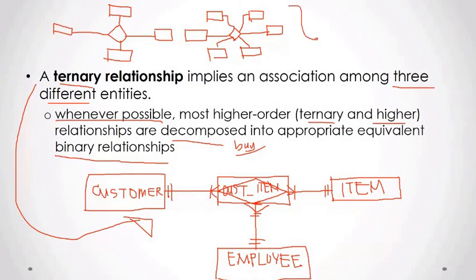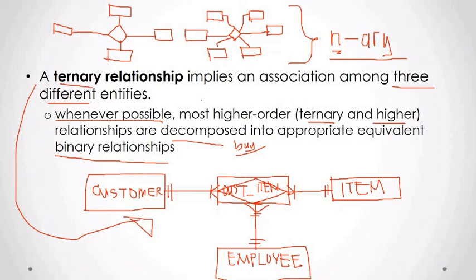This is just simply called n-ary relationship. N refers to the number of entities that participate.